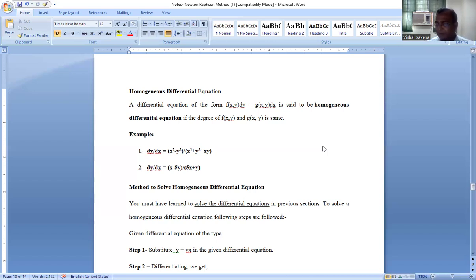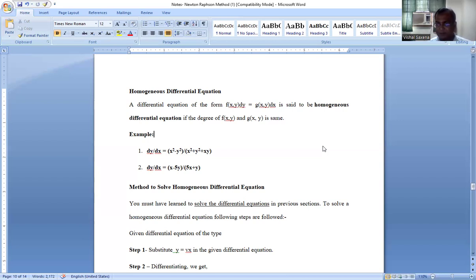In one more example, dy by dx equal to x minus 5y upon 5x plus 5, again both sides are homogeneous functions, so this is also a homogeneous differential equation.